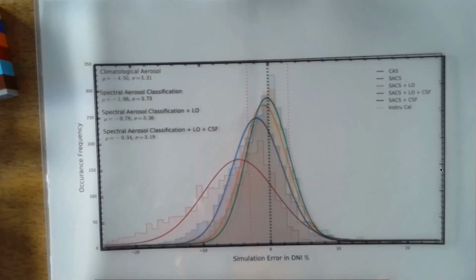Now, bearing in mind this is only testing for 1 year at Santiago, so it might be better or worse. But Santiago has quite a complex aerosol climatology, so we think this is quite representative of the merit of the scheme.